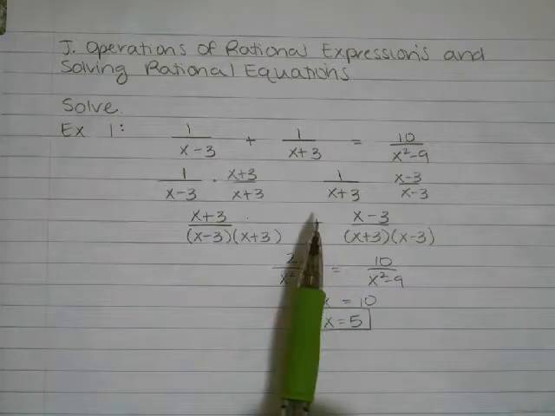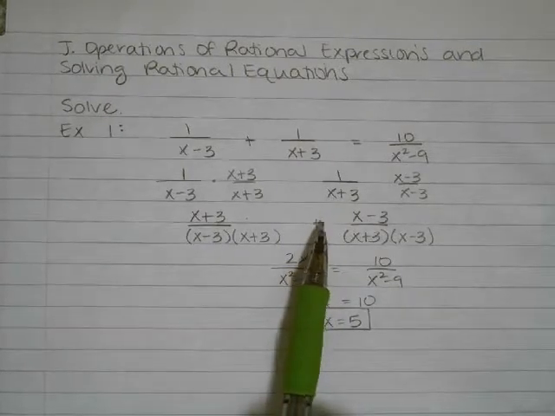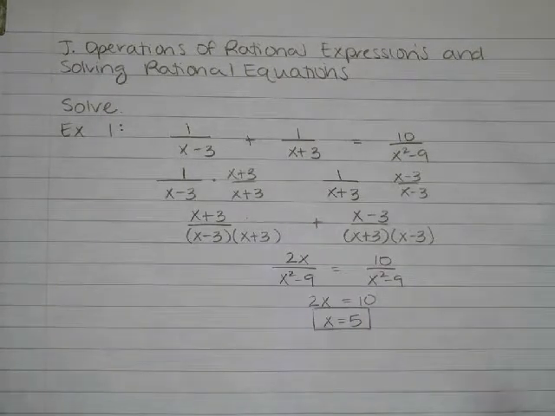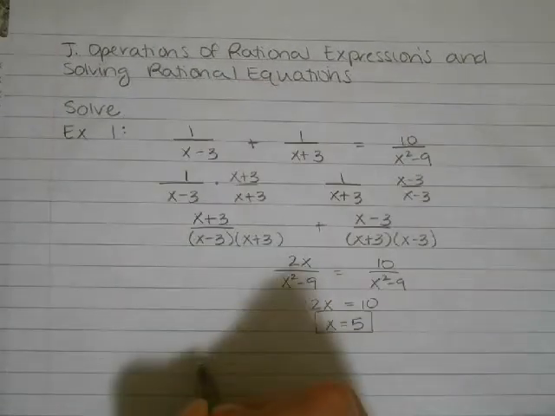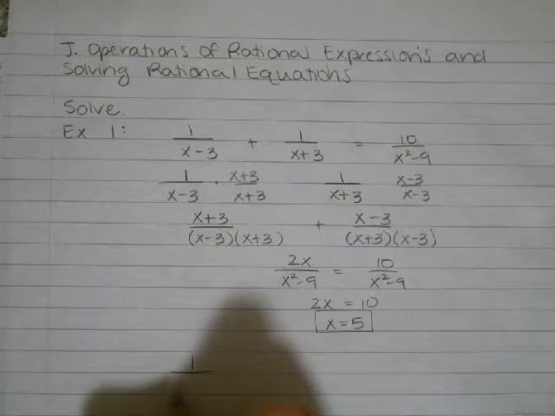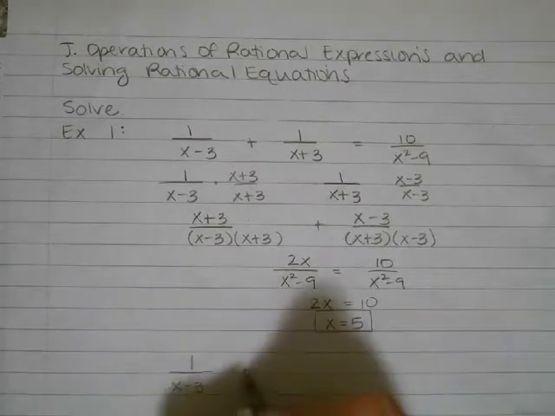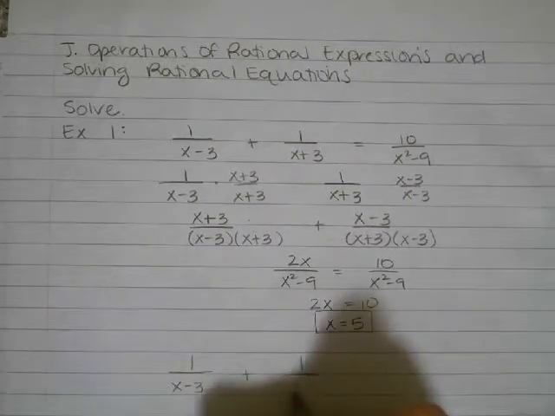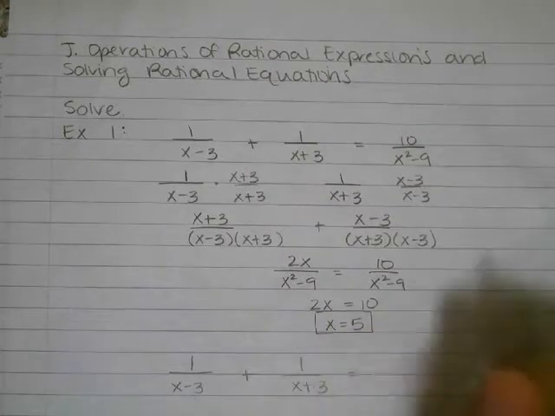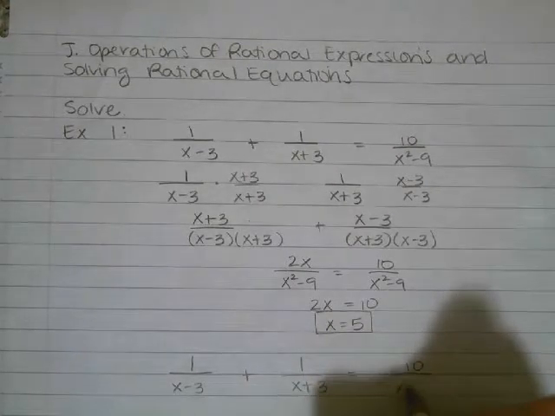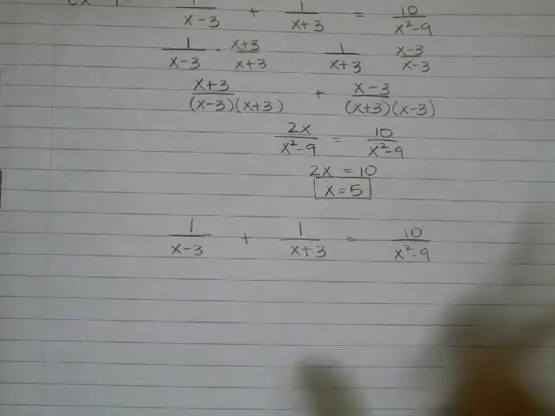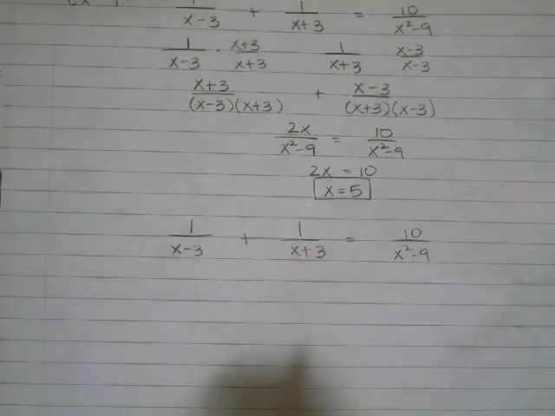Now, if this problem was an equation from the beginning, which it clearly was, but I didn't treat it like that. If I was doing this problem from the beginning, then what I would have done instead is not gotten this common denominator the way I did it.